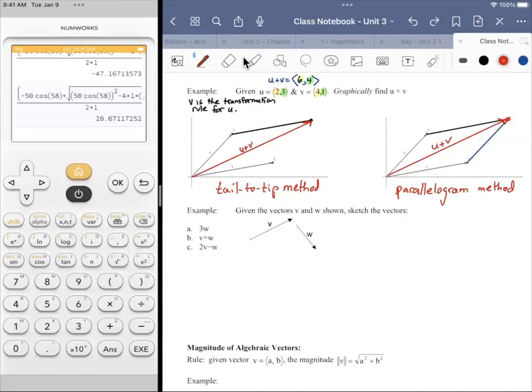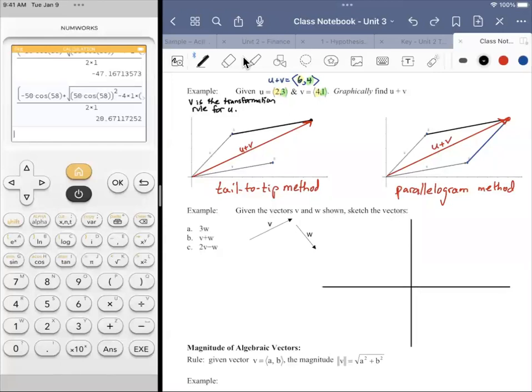The next example, 3W. What I'm going to do is draw a coordinate axis here, just in this space. Note to self, create a better space for me to do this. I'm not going to put the arrows on.